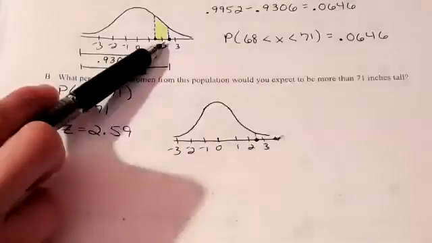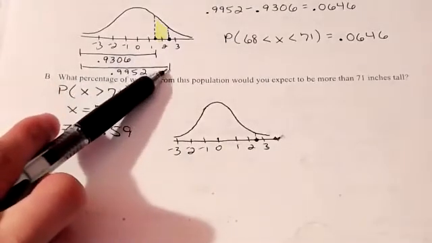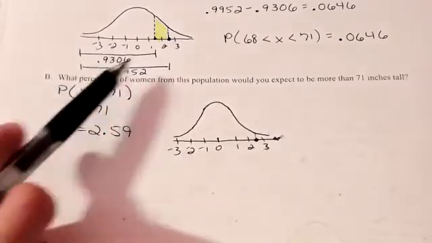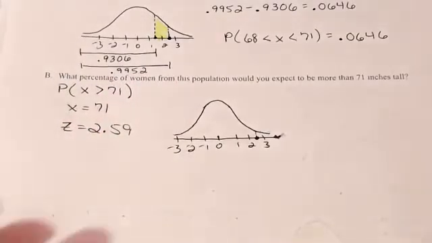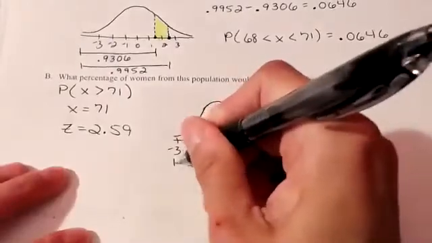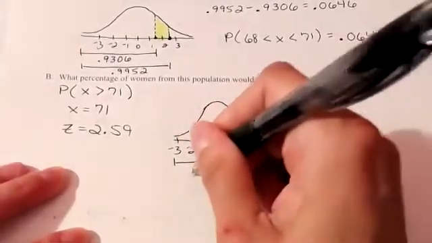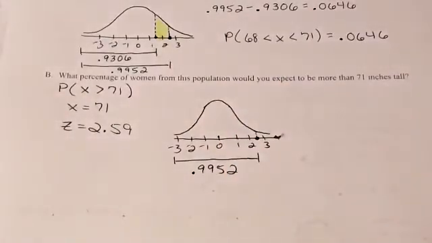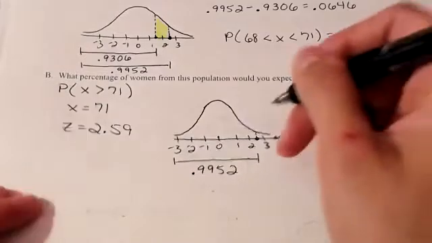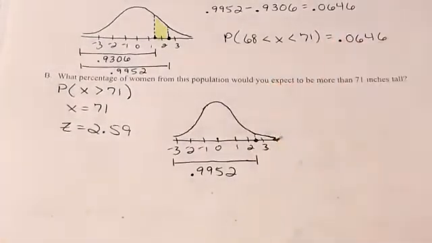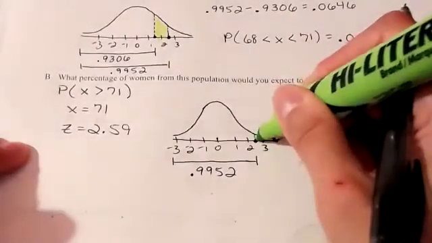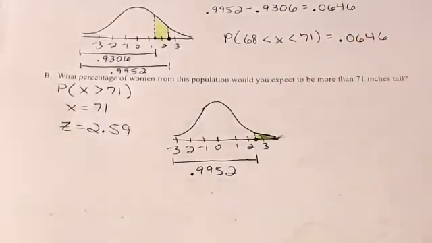So notice here where the z-score is 2.59, the area to the left is 0.9952. We already calculated this. So let's write out that the area to the left is 0.9952. Let's shade the appropriate region. We want x to be greater than 71. So that means we want the region above. We want to shade the region in the tail.